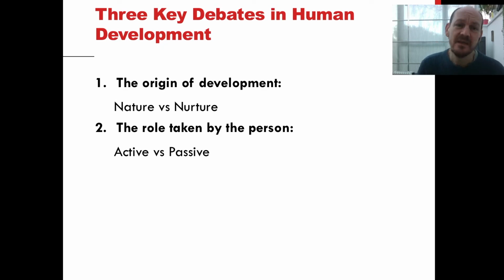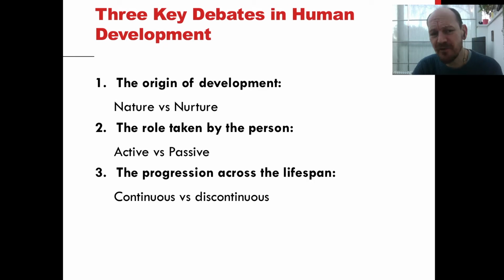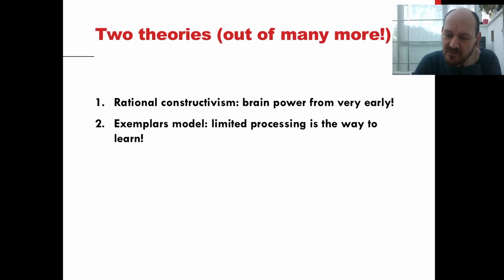Some theories stress the active role of children in this case. Some of them consider children a more passive system. And finally, how the progression across the lifespan takes place. Some theories prefer to think in a more continuous, gradual progression, whereas other theories prefer to consider development in a more discontinuous way.